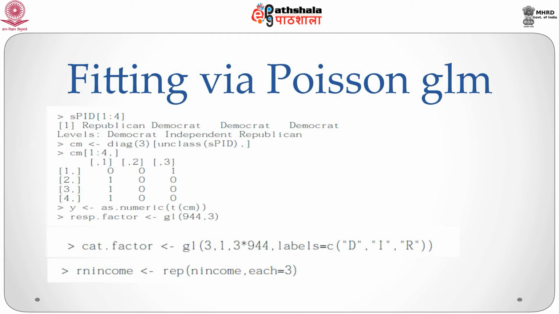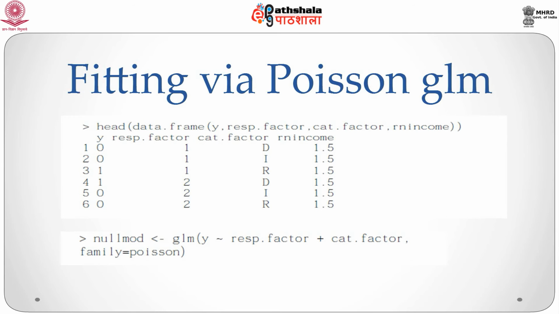The 3 Poisson responses corresponding to the 3 different party affiliations are next labeled, and we replicate the predictor. The reorganized data looks as has been displayed on this slide by using the head command. It gives the first 6 rows of the data.